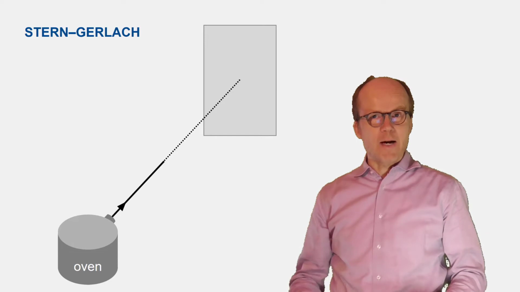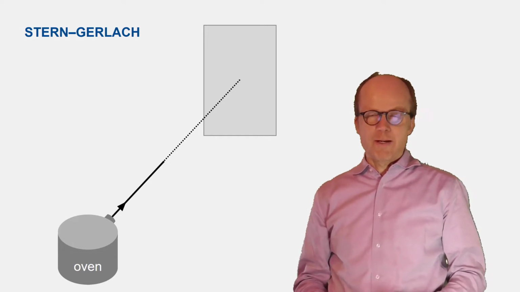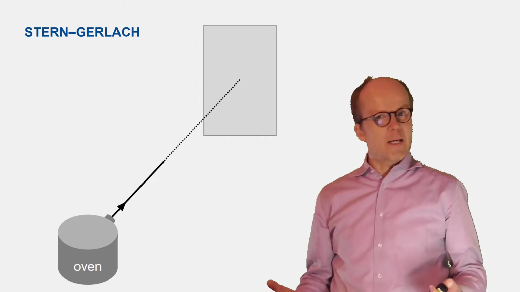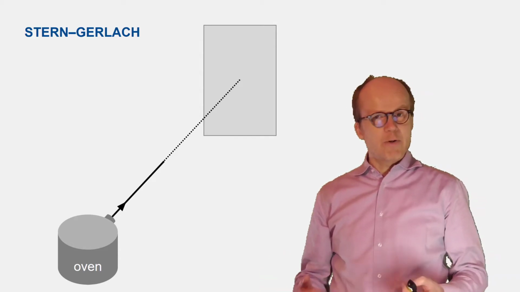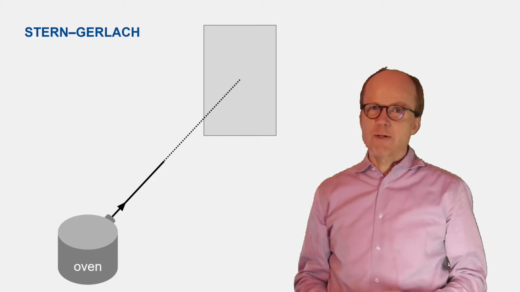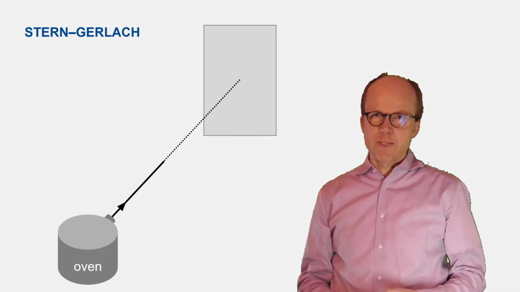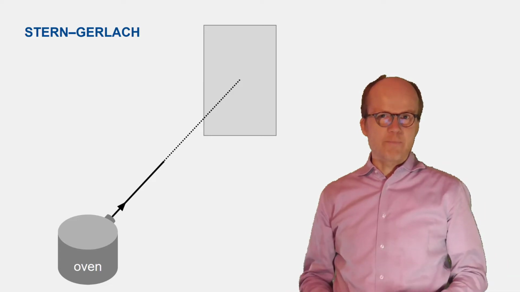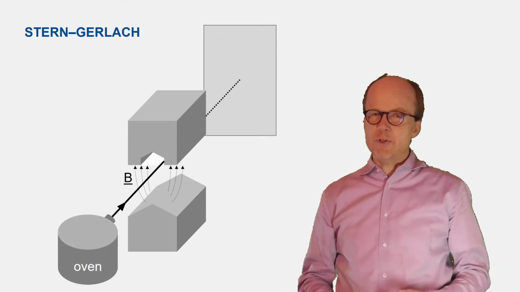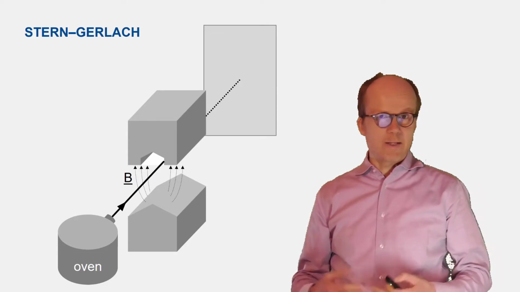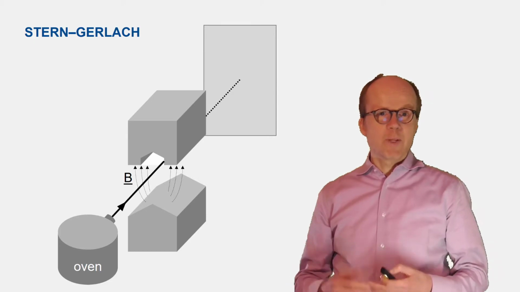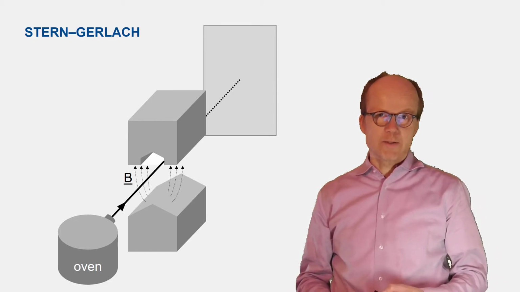Silver atoms carry a magnetic moment, and you expect from classical electrodynamics that a magnetic moment experiences a force and is deflected in an inhomogeneous magnetic field. So they placed around the beam a pair of magnets which create such an inhomogeneous magnetic field. And they wanted to study the deflection of the silver atoms by this inhomogeneous field.